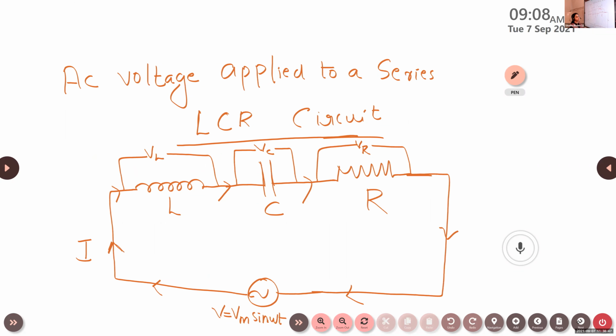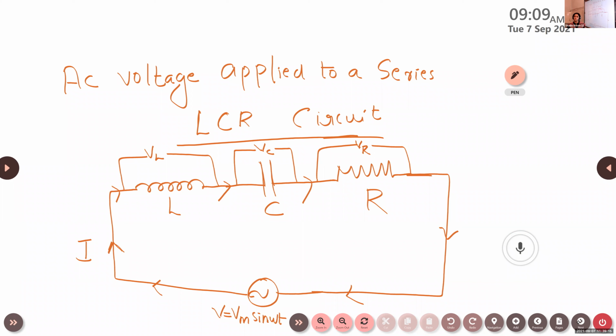So here we are discussing the topic AC voltage applied to a series LCR circuit. We derived the expression for instantaneous value of power and the corresponding phasor diagram in the case of inductor, capacitor and resistor separately. But under this topic, we are combining all these three electrical components together in a series combination.